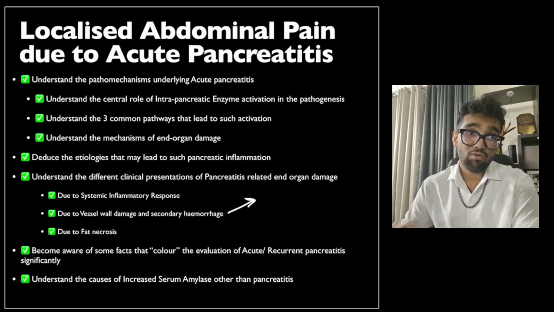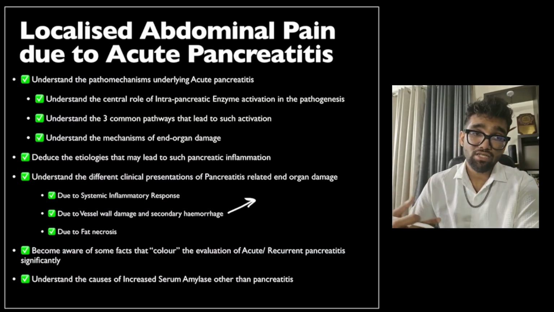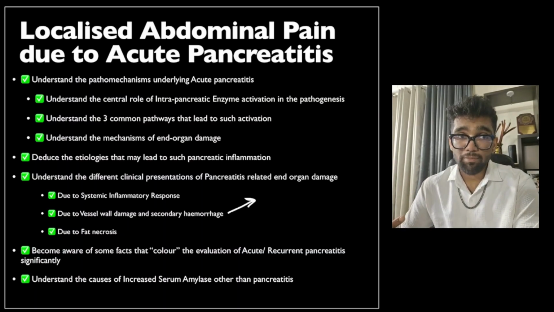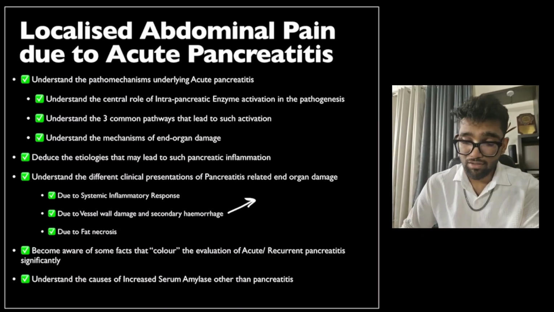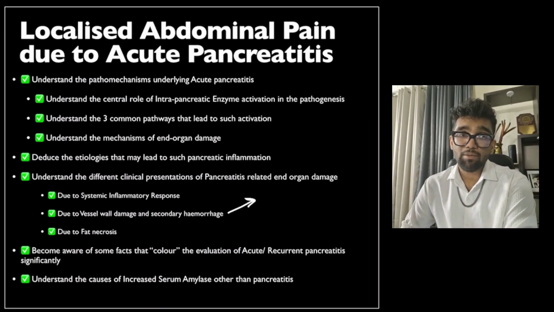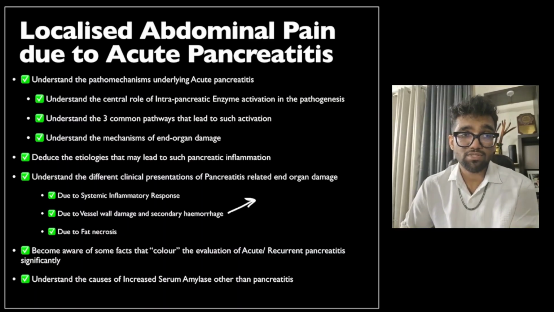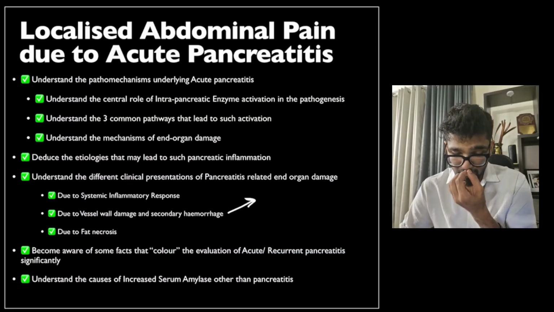We've understood how other disorders that result in abdominal pain can also cause hyperamylasemia, and some systemic disorders like CKD, and narcotic bowel, that is opioid usage, can result in hyperamylasemia, and how malignancies, that is adenocarcinomas, can release serum amylase into the blood, causing elevation in serum amylase levels.